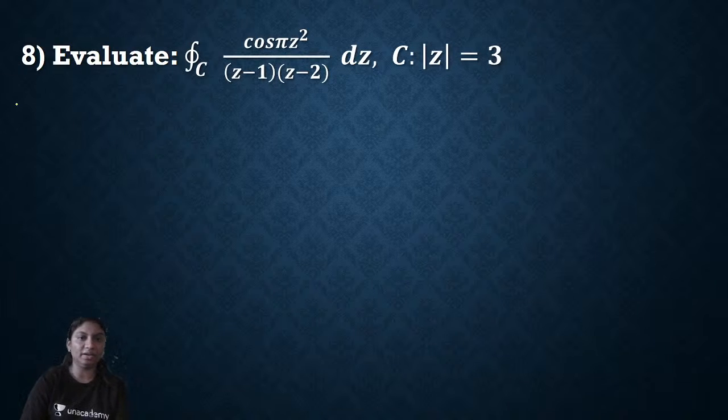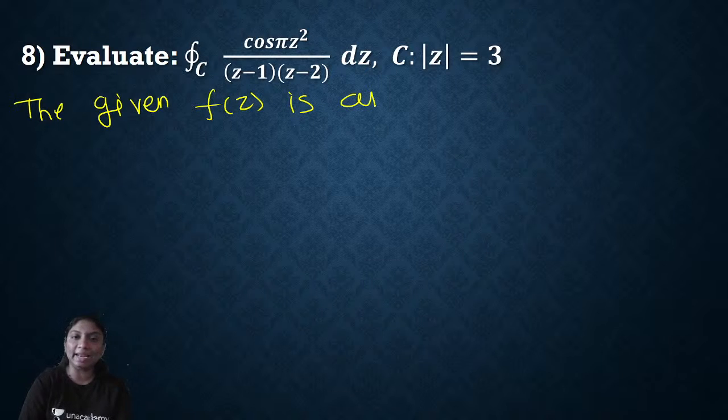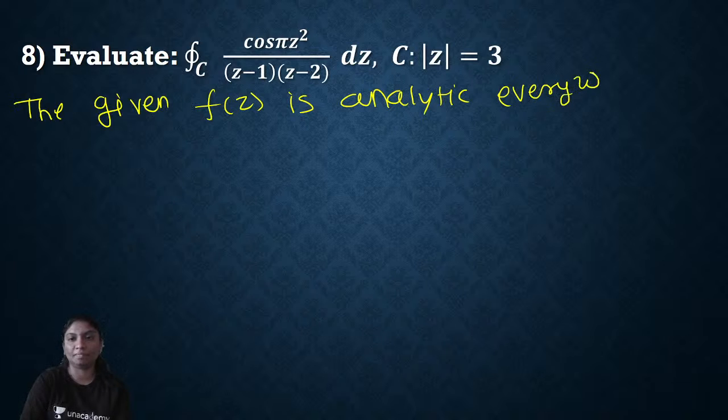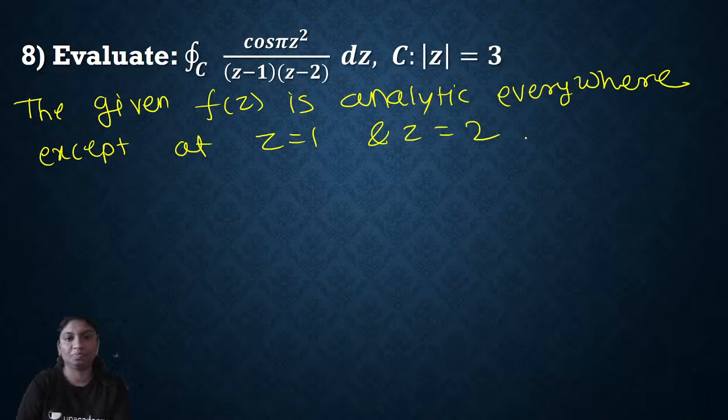So we can write here, the given function f of z is analytic everywhere except at z is equal to 1 and z is equal to 2.